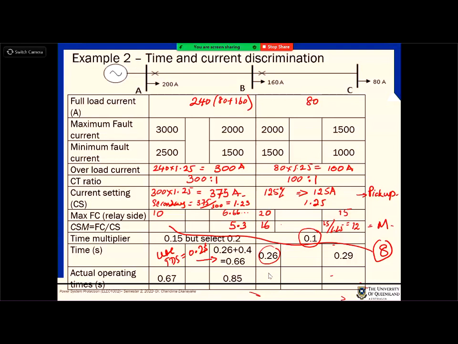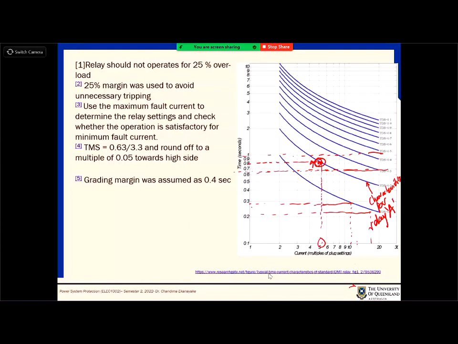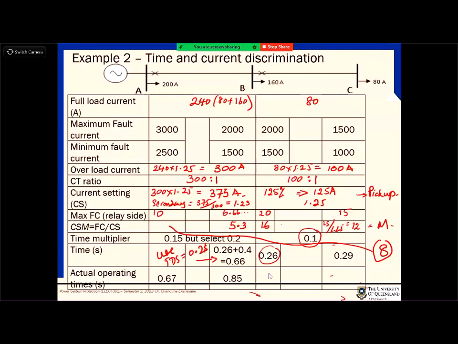Then the next current setting multiplier is 8, at bus A. So for 8, what is the operating time? It's somewhere here, so you can take it as 0.67, right?